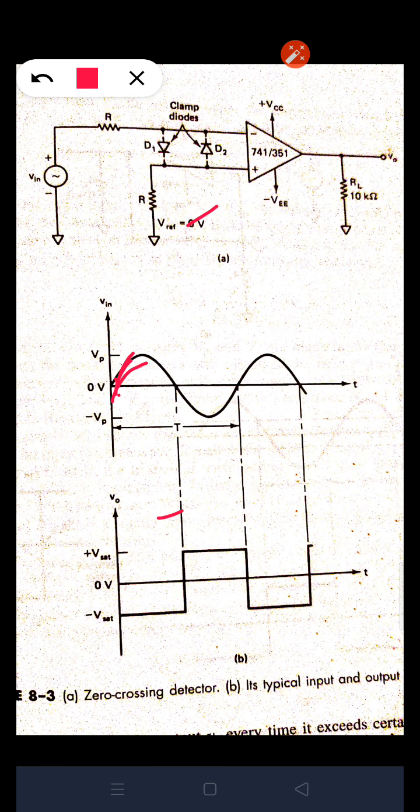The output V0 is driven into negative saturation.